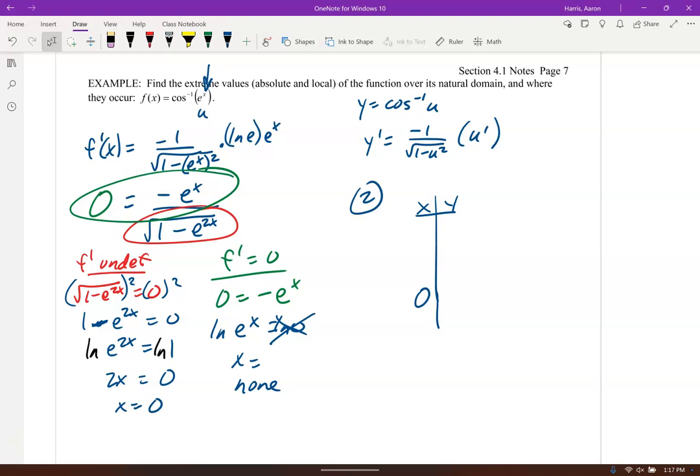Now what I'm going to do here is take a look at values as I approach 0 from the left. So let's say I throw in negative 1, negative 2, and then I'll skip a bunch, like negative 10, negative 100, and so on.